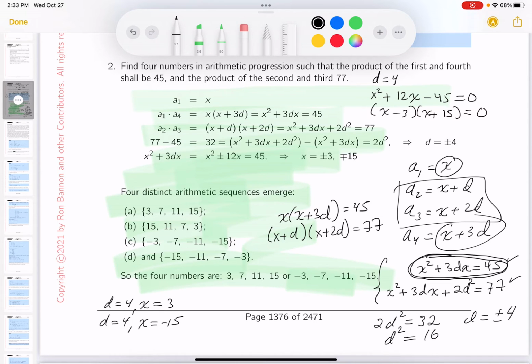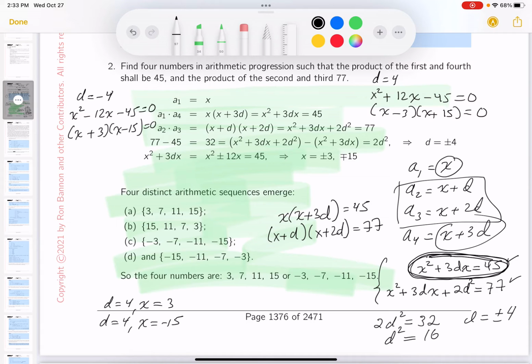Let's do d is minus 4 now. And again, we're still using this equation here to figure it out. What do you get? x squared minus 12x. I'll subtract 45 from both sides. And like deja vu all over again, except a little different. And what do you get? 15 and 3.